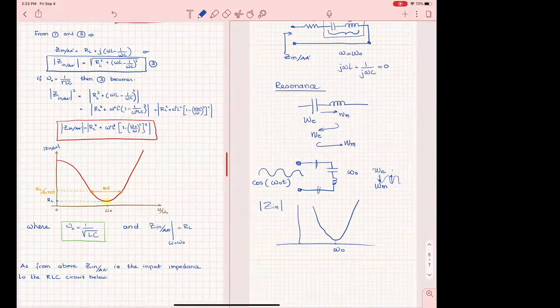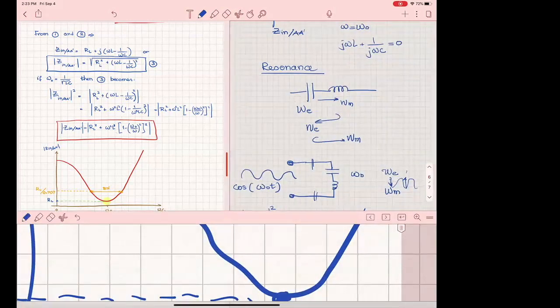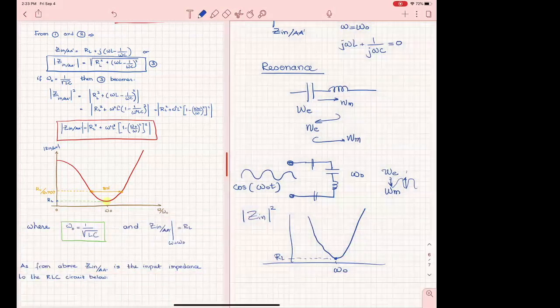And now we are taking the magnitude of this, and we are looking at what point from here it goes up, to the point where this is going to be RL squared. It's going to come up to RL squared divided by 2. So right here, well, times 2, I'm sorry, times 2 in this case.